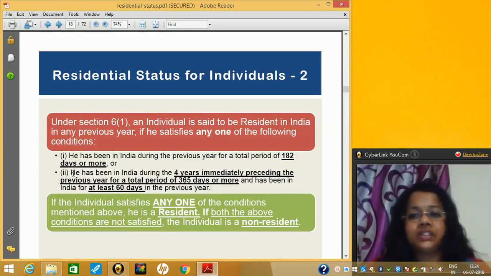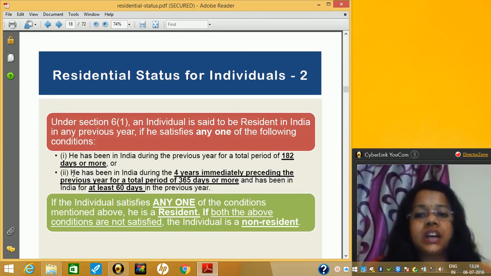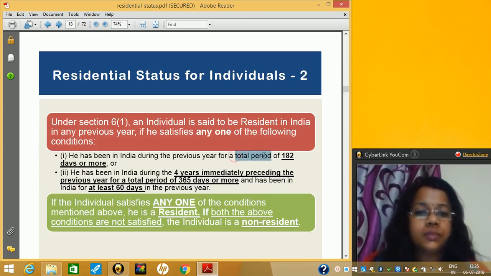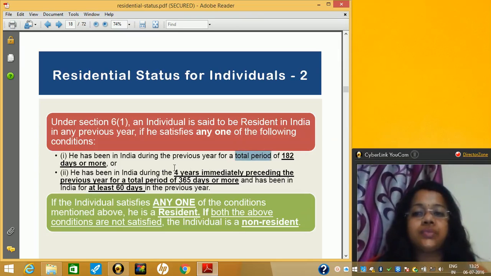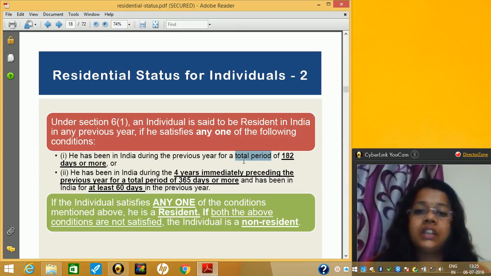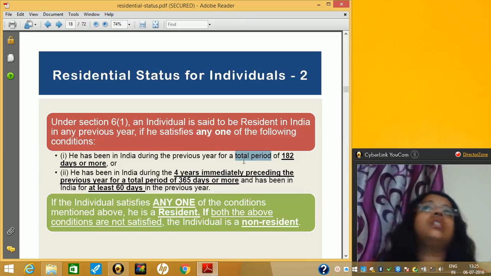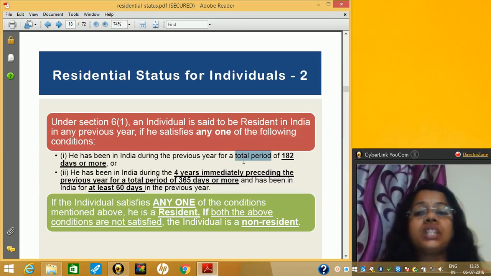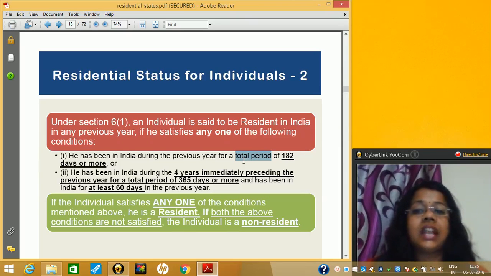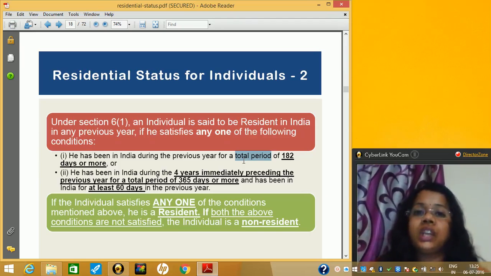The first condition: he has been in India during the previous year for a total period of 182 days or more. Here again, we have to take the aggregate total period in that relevant previous year, and that total period should be 182 days or more.